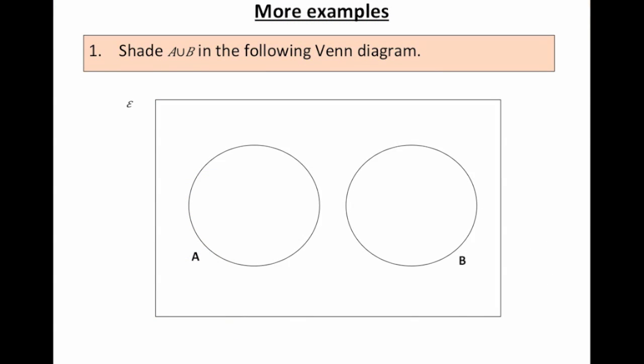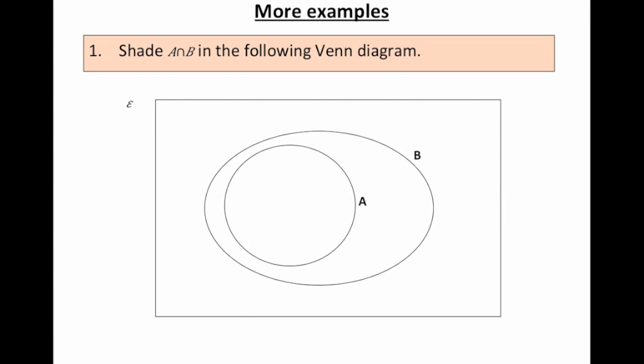Now, we will take a look at a few examples as to how we can shade the various sets. First example, shade A union B in the following Venn diagram. Recall that A union B is a set of elements that are in A or B or in both sets, and we have concluded that to shade A union B, we will shade everything that is within A and within B. Thus, in this case, we will shade both the circles A and B.